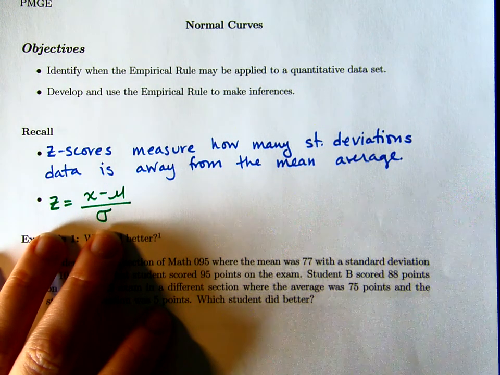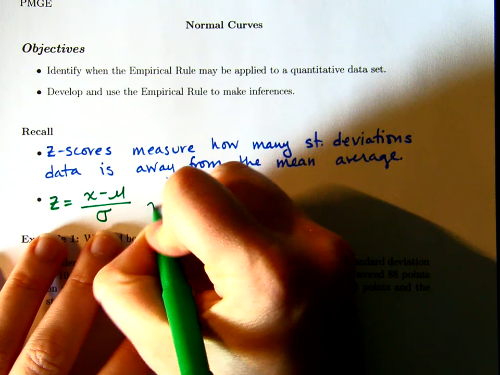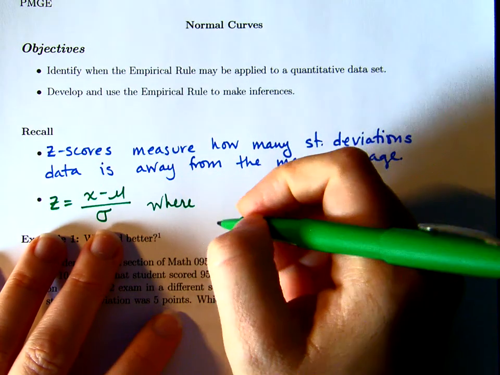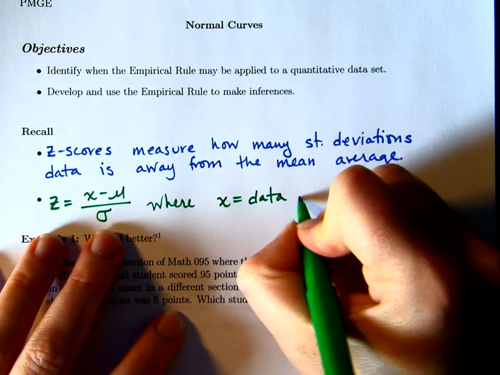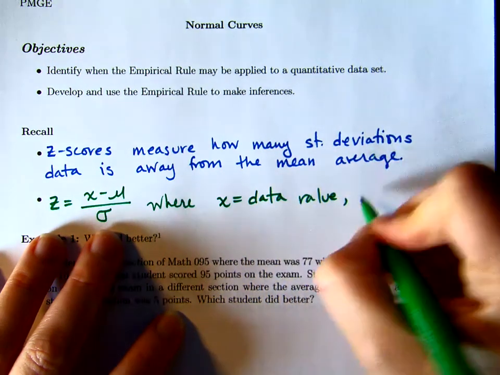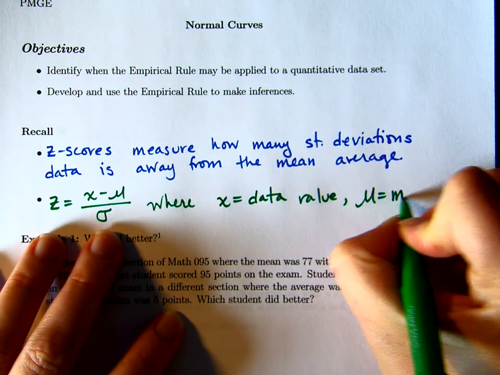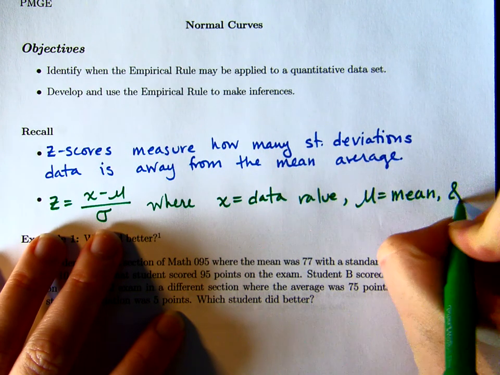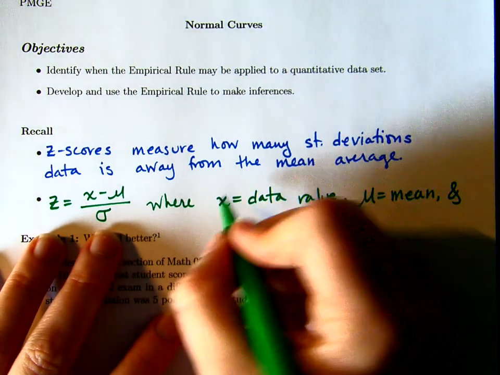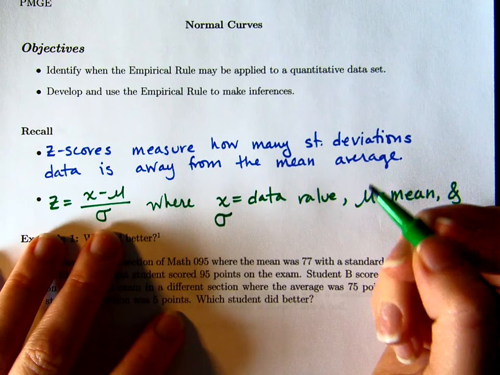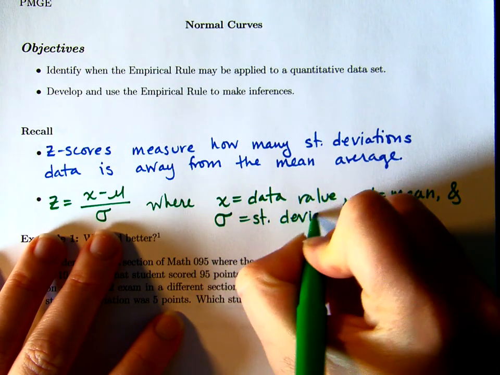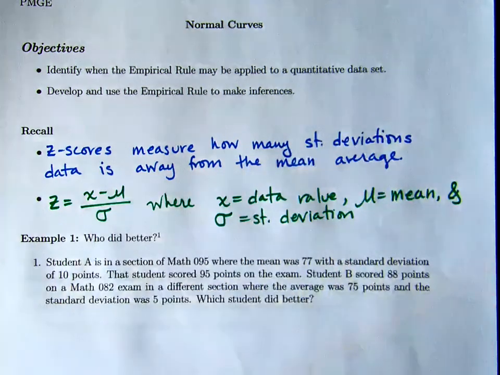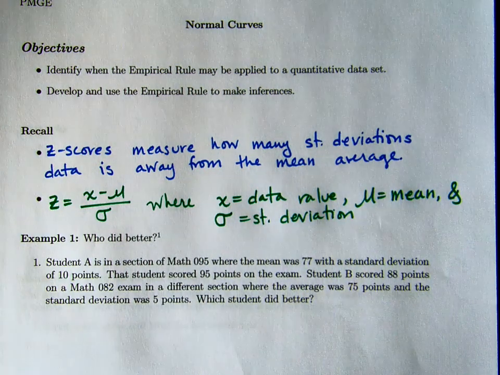And it tells you if it's above or below, depending on its sign. Where x equals data value, mu equals the mean, and sigma, lowercase sigma, equals the standard deviation. How much is it deviating?